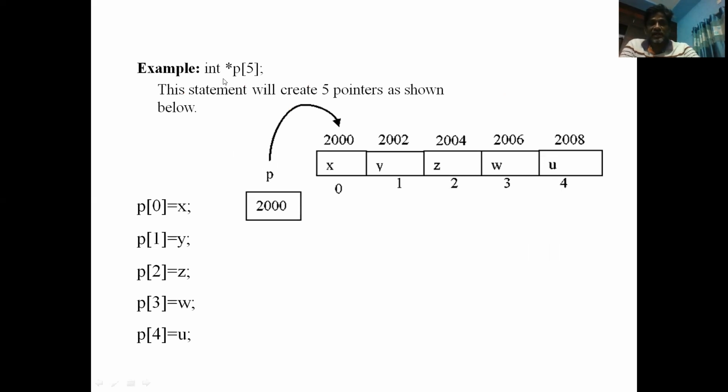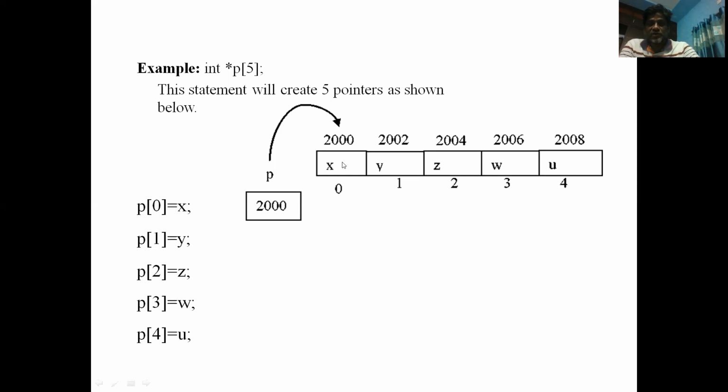Say I'm declaring a variable int star p of 5. This will create 5 pointers because the size is mentioned as 5. Therefore, p can store 5 addresses in physically continuous memory locations like this. Assume that x is an address of some variable, y is an address of some variable, z is the address of another variable, w is the address of another variable, u is the address of another variable, and so on.